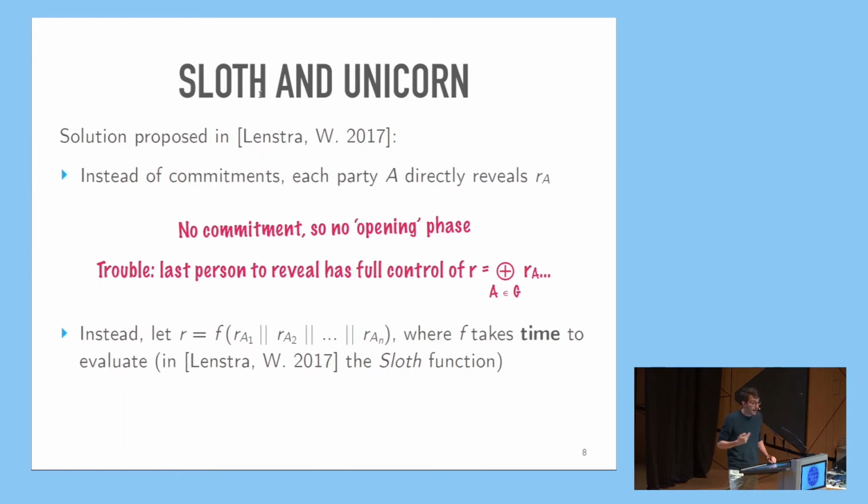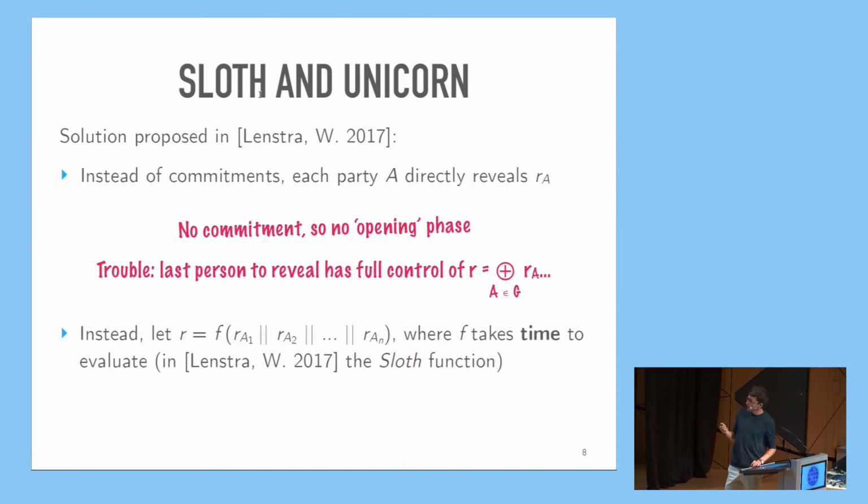If this function takes 10 minutes to evaluate, then the random value will not be known until 10 minutes after the last random value is revealed. Therefore, one cannot make any meaningful decision at the moment they have to reveal their random value, because they don't know what the output will be yet. It's going to be determined only 10 minutes later.